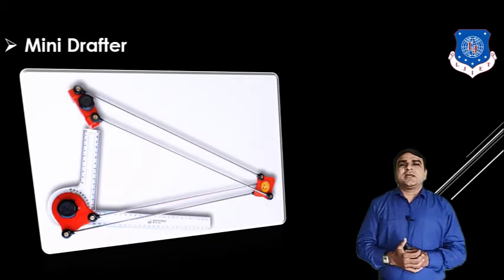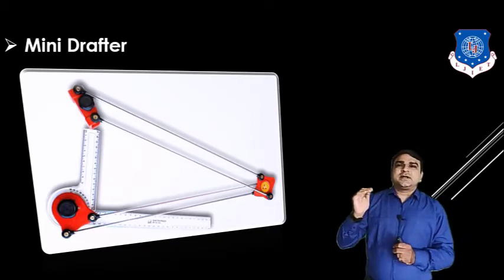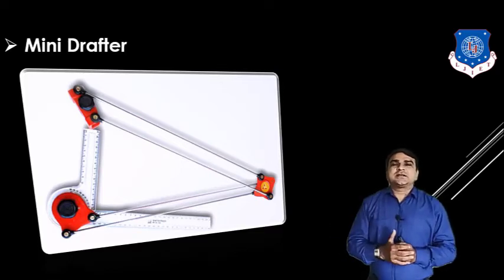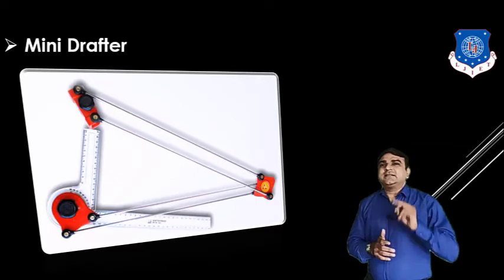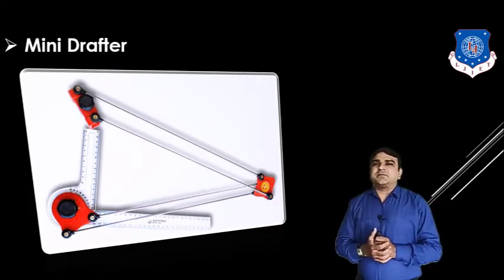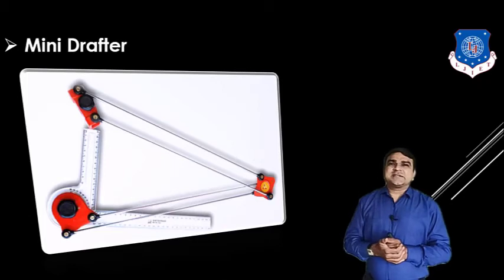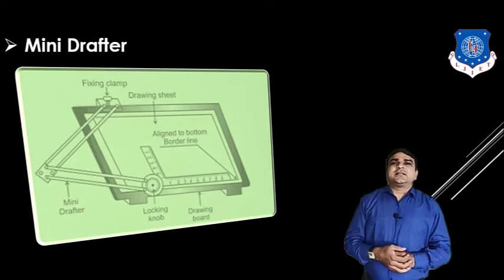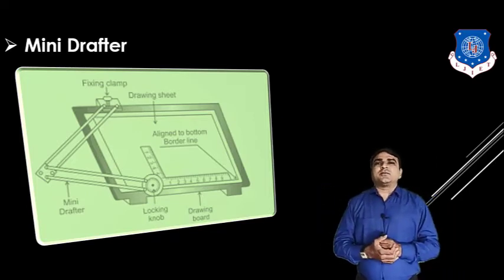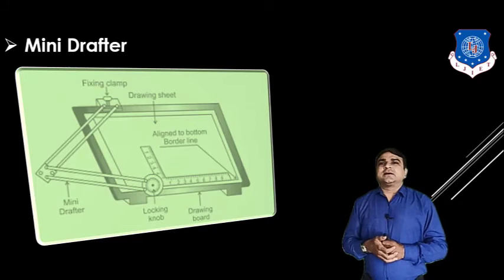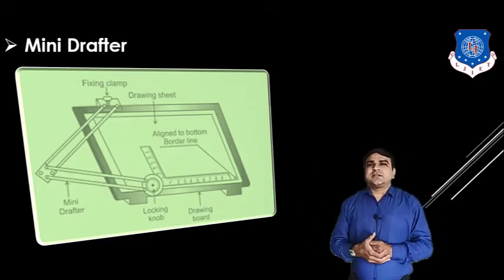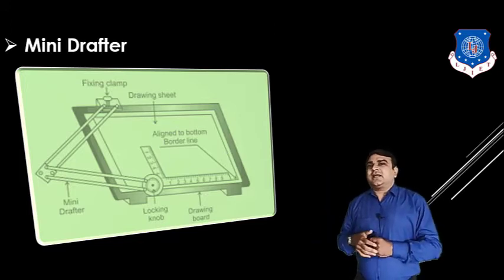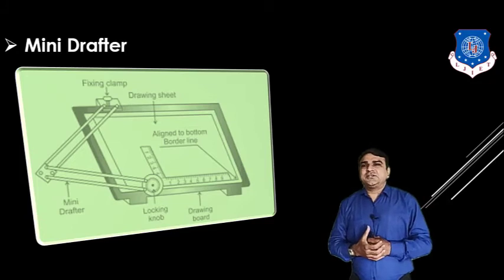Mini drafter. All the functions of T-square, set square, roll and draw scale and protractor are combined in this one drafting machine. This drafting machine is known as the mini drafter. Here you can see how to use it. At one corner of the drawing board the mini drafter is clamped with the use of a screw, with two links and another two links which are joined at a pin joint.